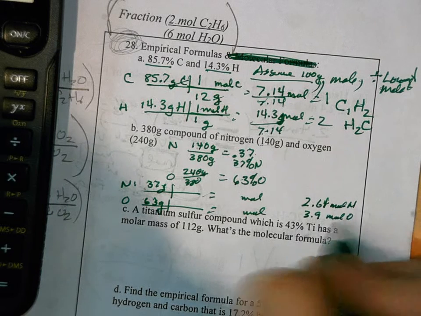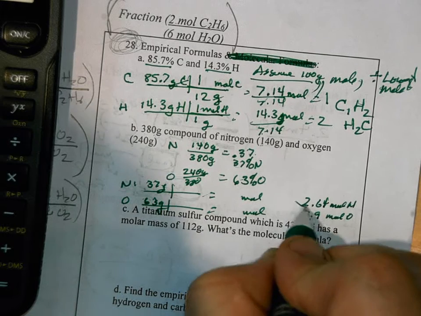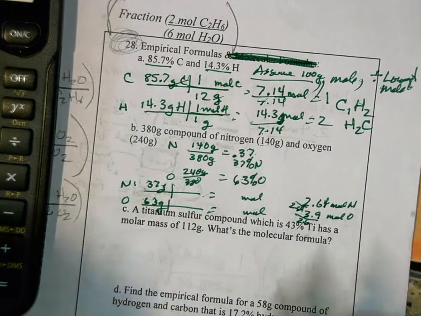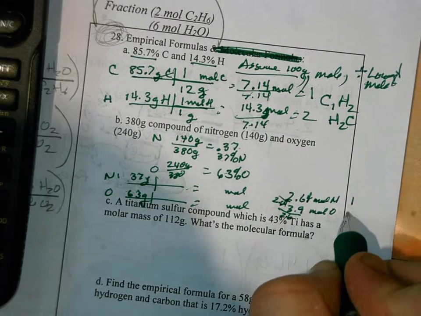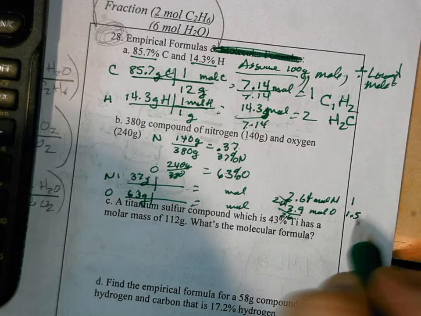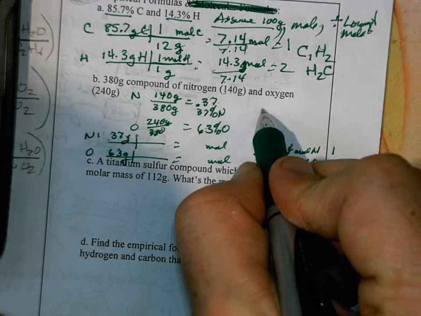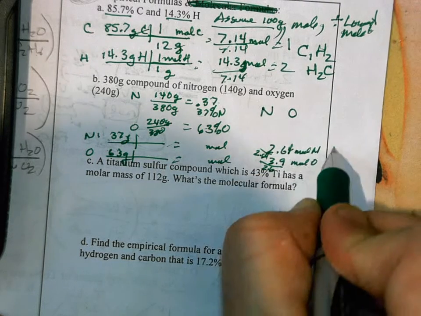When you divide these, you've got to divide both by 2.64. What we get is a ratio of 1 to about 1.5. So the problem with this is, let me write here, nitrogen and oxygen. So we got 1 to 1.5.